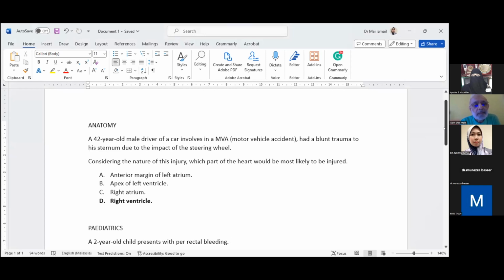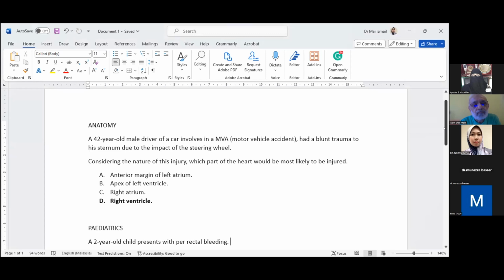In this scenario, we are asking about the site, which chamber of the heart is likely to be injured. For all 4 options, they are all likely to be injured; all can be considered correct.